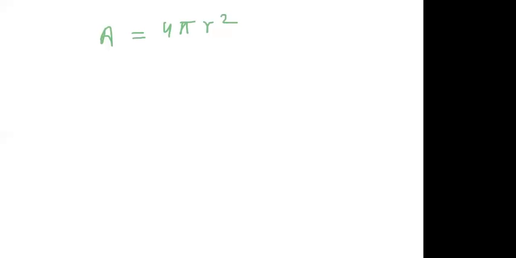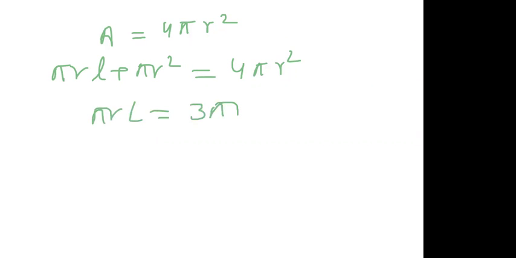The value of area is pi RL plus pi R square, which is equal to 4 pi R square. So pi RL will be equal to 3 pi R square.